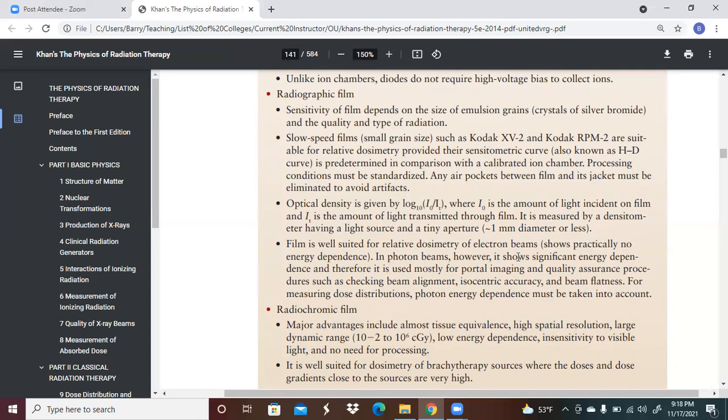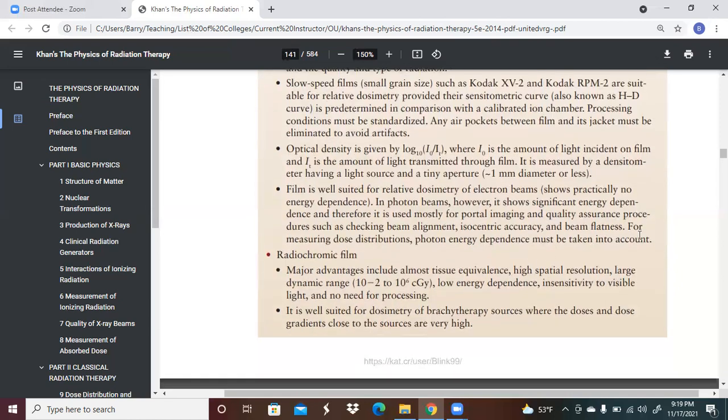Like a doctor would say, I want film to be placed on this particular patient, at the surface or at a particular spot, in order to measure what the actual dose is. And film, when properly prepared, can be really great for that. So for measuring dose distributions, photon energy dependence must be taken into account.